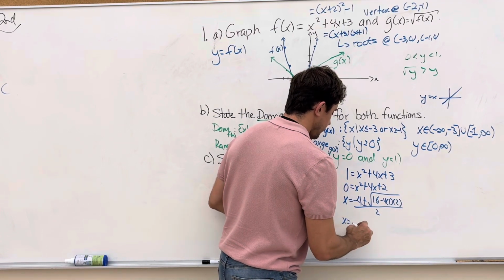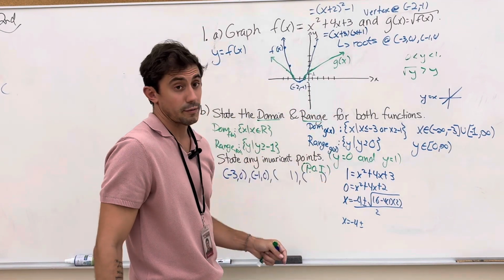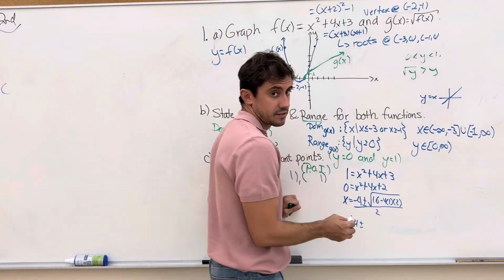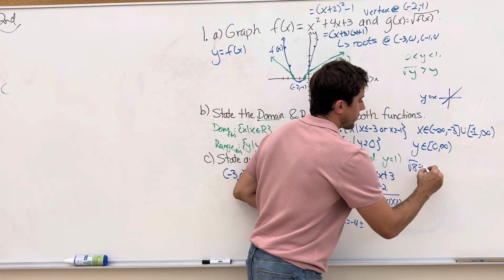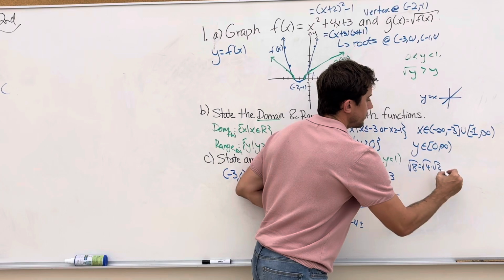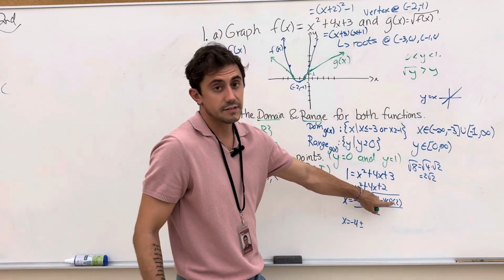And so x is -4 plus or minus the square root of 8. And the square root of 8 is 2 root 2, right? The square root of 8 is the square root of 4 times the square root of 2, which simplifies as 2 root 2. 16 minus 8 is 8.